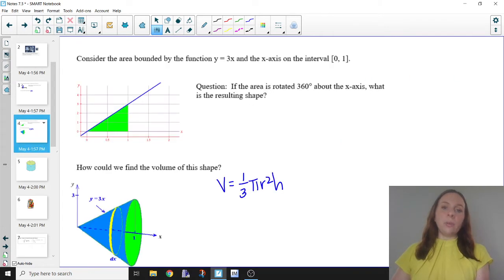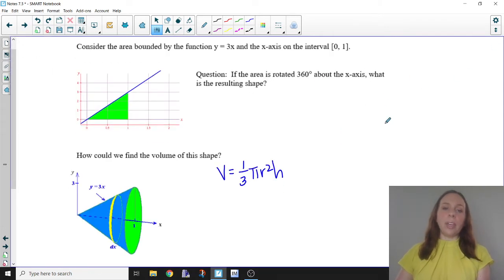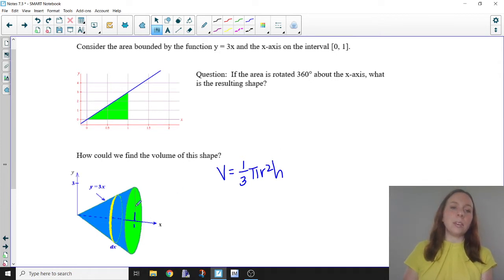So again, yeah, you could use 1/3 pi r squared h, and why don't we go ahead and do that so that we know the answer we should be getting when we do it another way. Okay, so using 1/3 pi r squared h. Let me just double check. The radius is this length right here, which is 3.